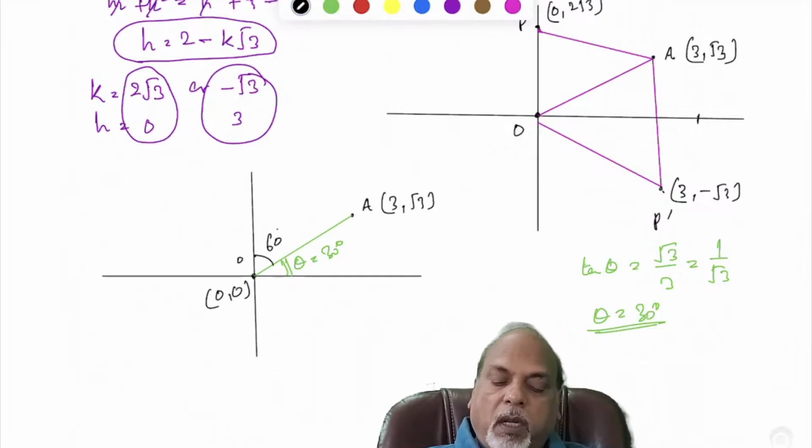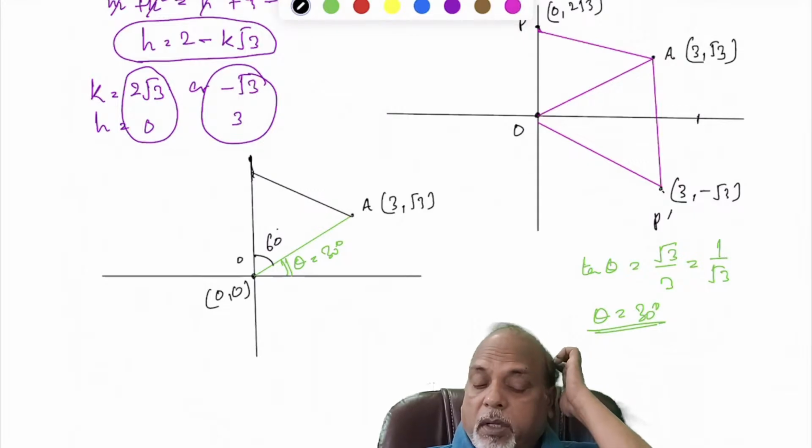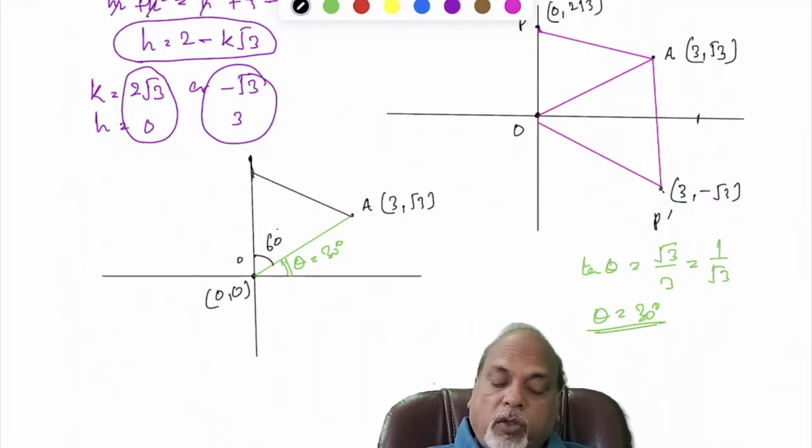Naturally, another point will be on this line only, correct? And on this line x is your this thing. So what is the distance OP? OA.